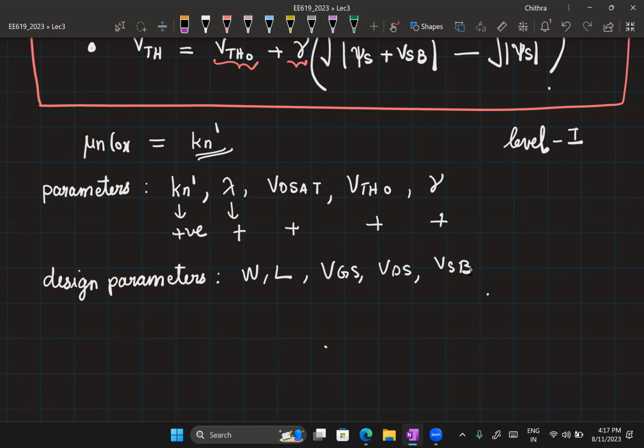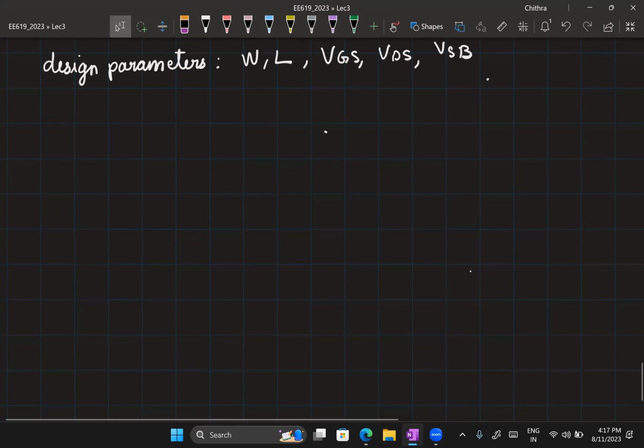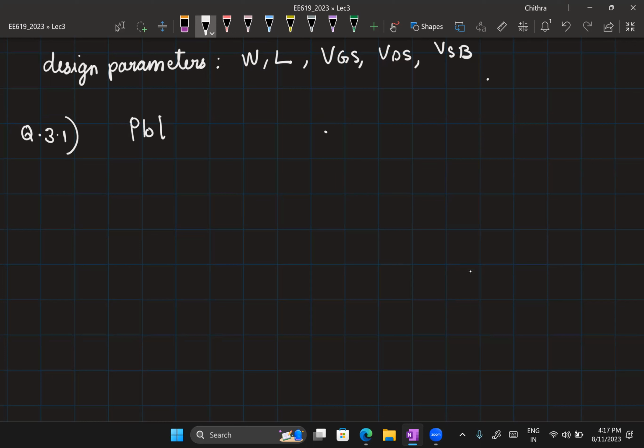Is this clear? Then let me give you a quick problem. You have to plot ID versus VDS for two cases.